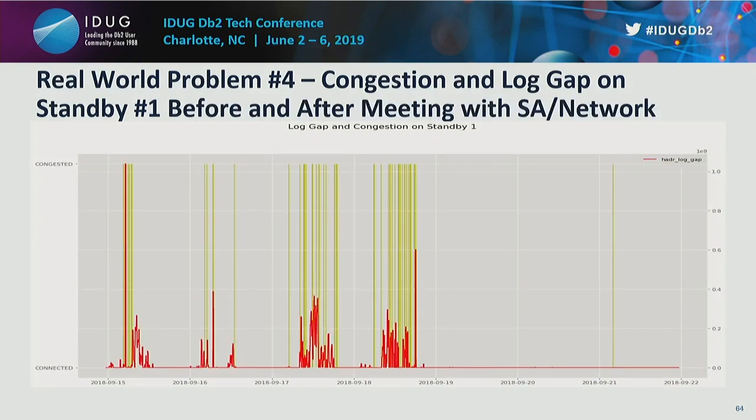So I had a meeting with them on September 16th. And I talked with their disk person and their network person in addition to the DBA and the manager people who had brought me in. And you know what? On the 19th, the problem went away. And it stayed away.